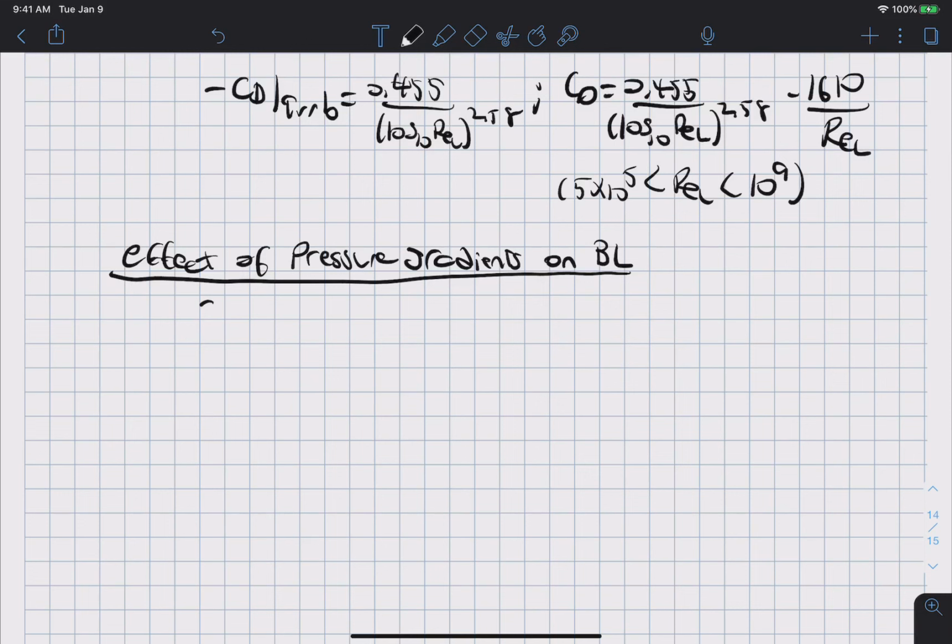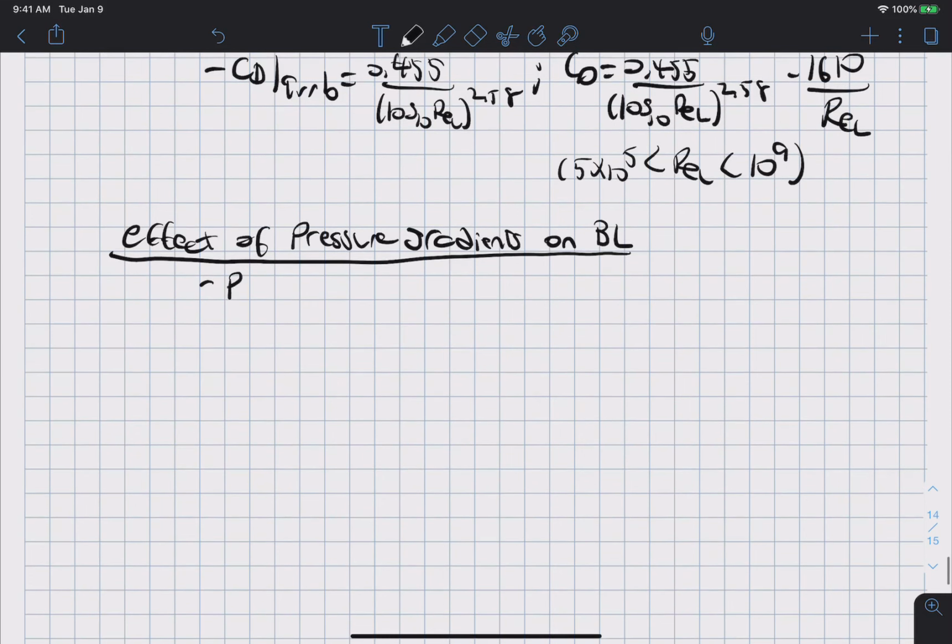Just recall that the pressure on a boundary layer is imposed by inviscid flow region outside.